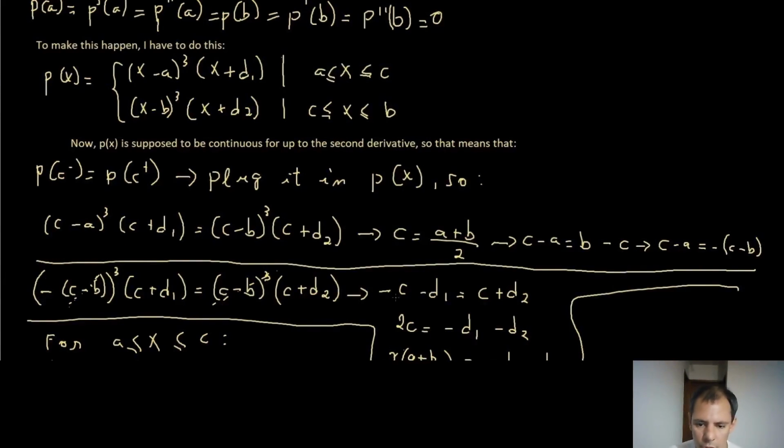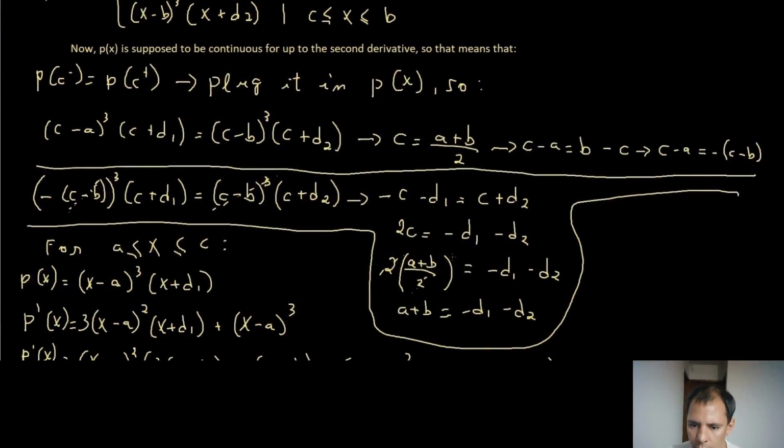So you have minus c minus d1 here equals c plus d2. And now you are going to get 2c equals minus d1 minus d2. But what is c? Since it's the midpoint, it's a plus b divided by 2. And now you have d1 and d2 in terms of a and b. That's one equation.